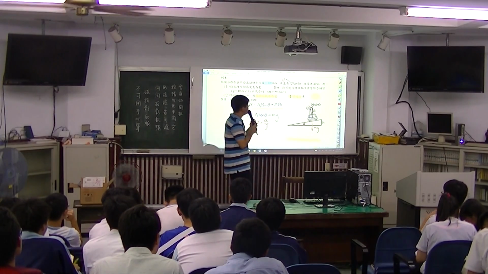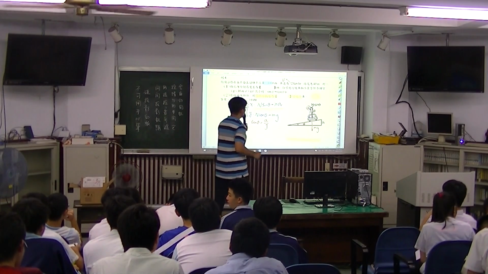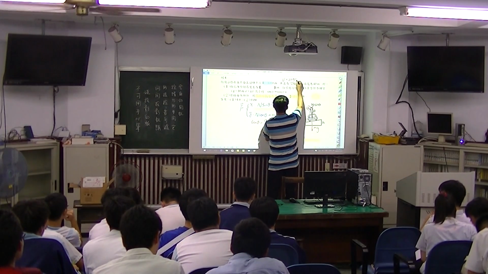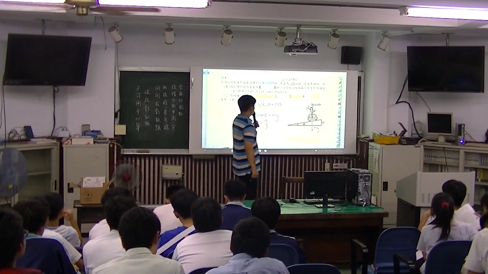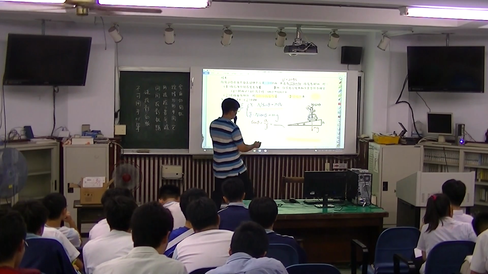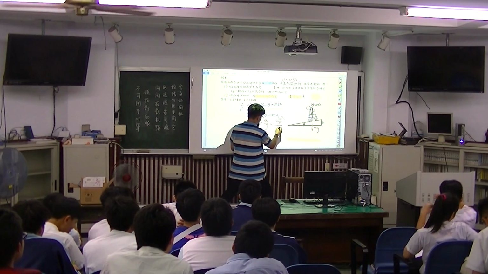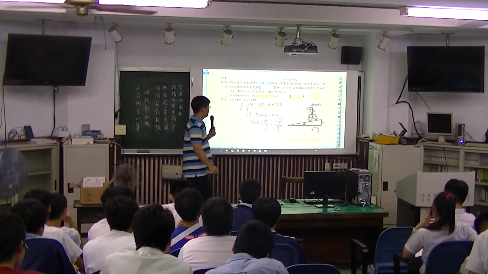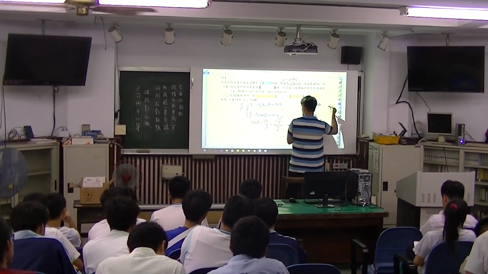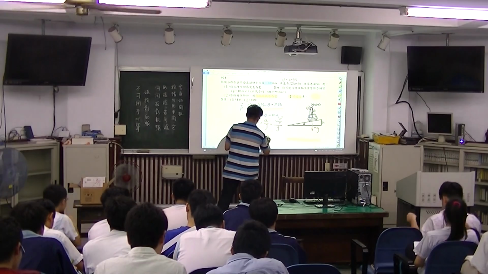But you have to be careful because this is not the SI unit, so you have to convert it to 20 meters per second. So we can get the equation of acceleration: v squared over r.